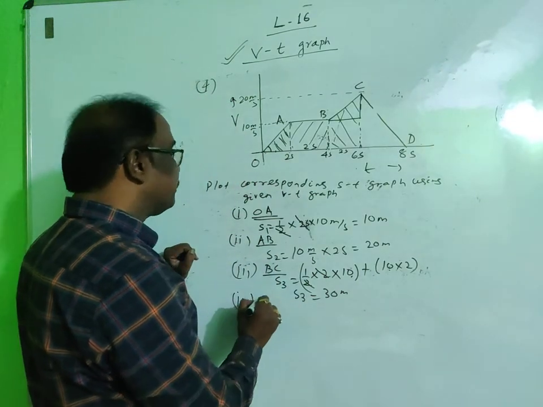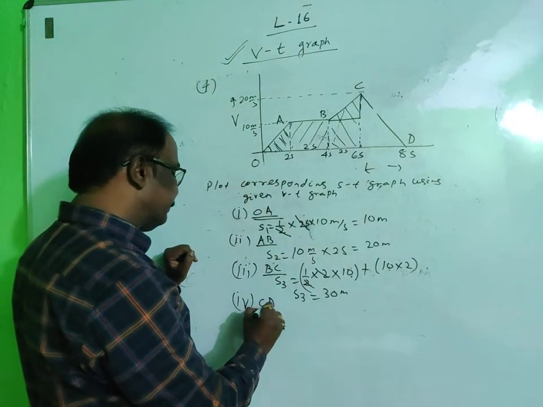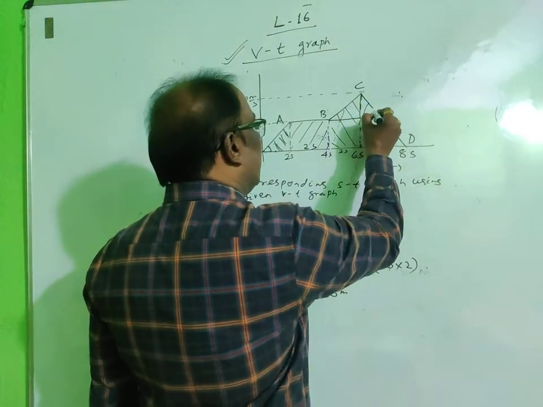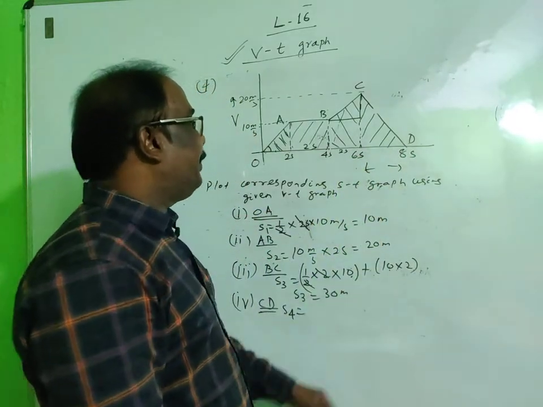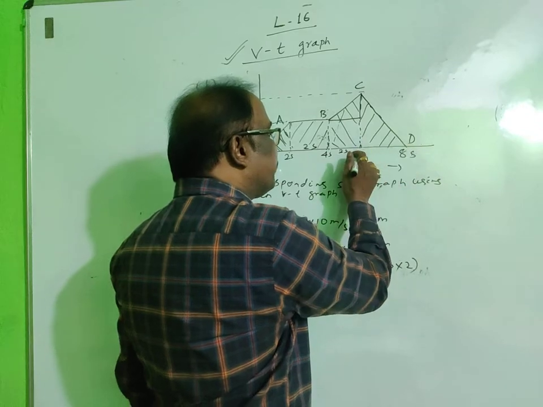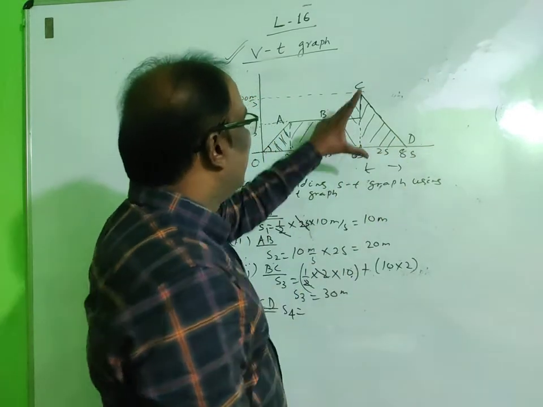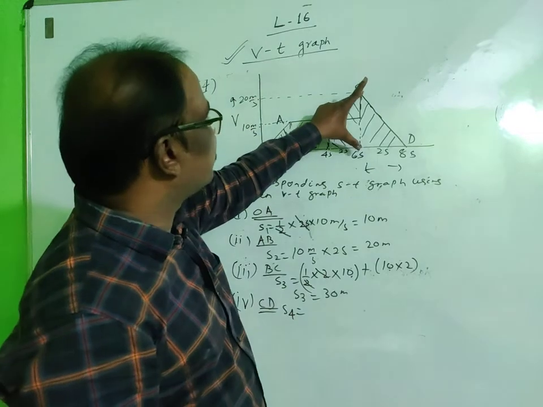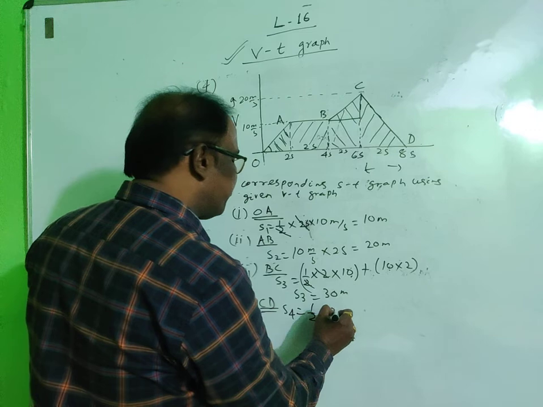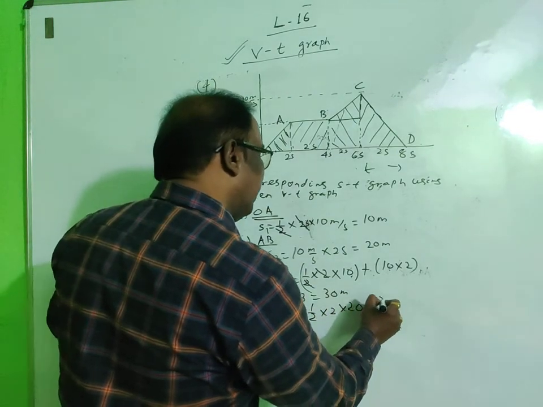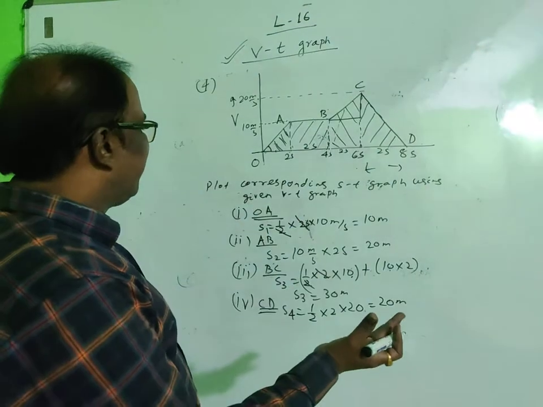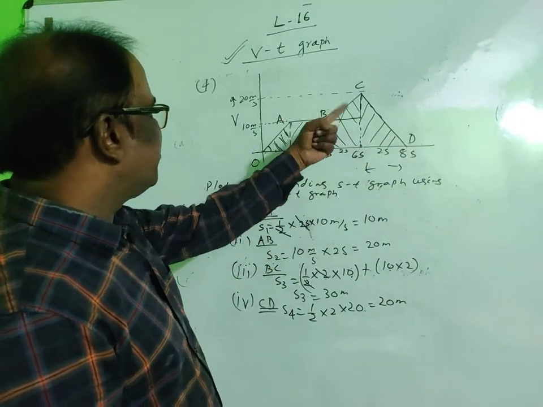Then fourth point, in the region CD, the distance is S4. Let's calculate this total distance. CD, area under the graph: base is again from 6 seconds to 8 seconds, which is 2 seconds, and height is 20 meter per second. So base 2 and height 20, again 20 meters. We have to represent the ST graph using this VT graph.